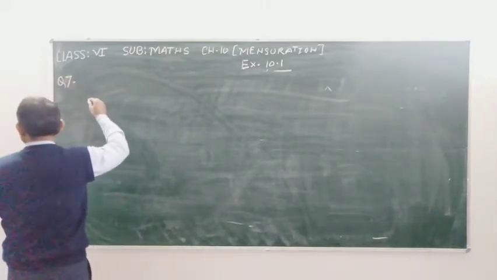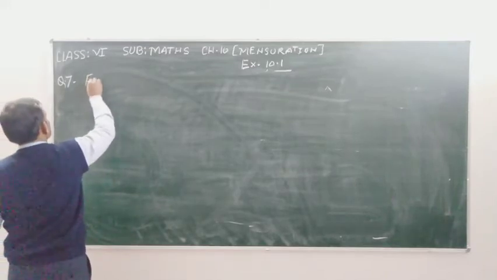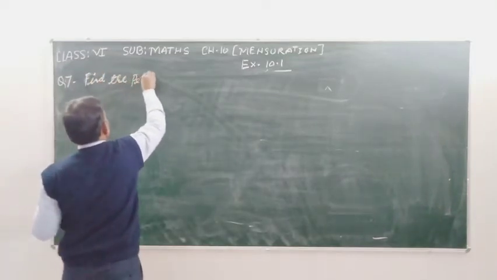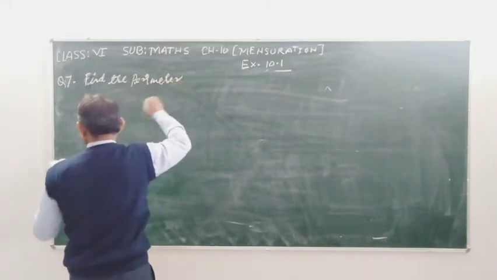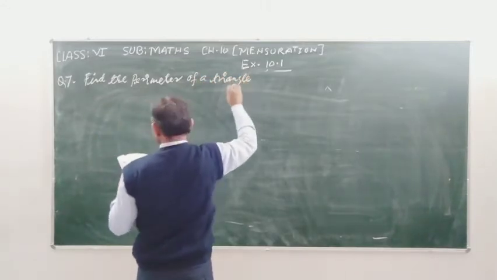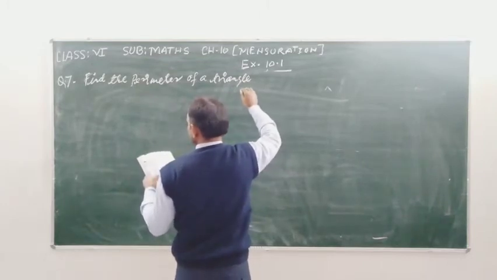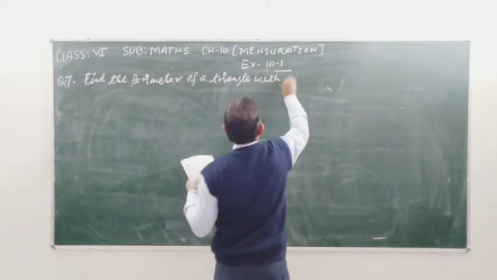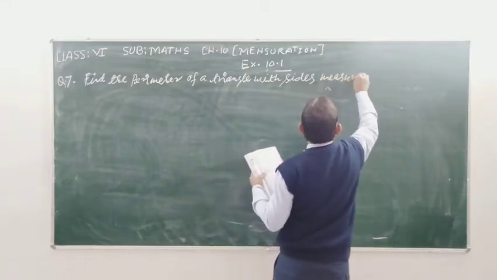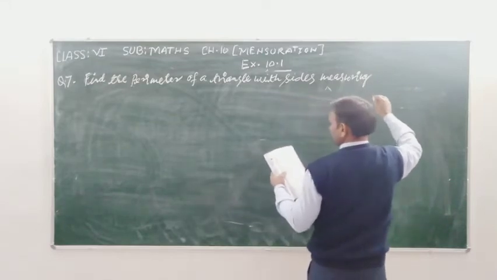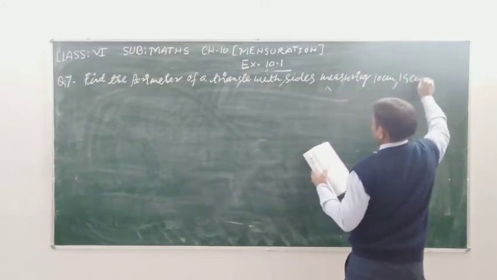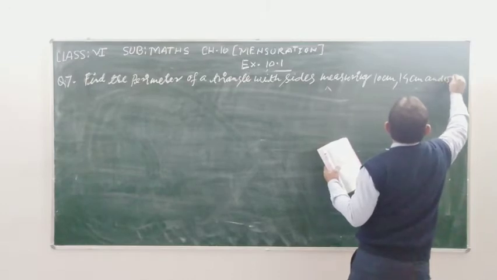Question number 7. I'm writing here: find the perimeter of a triangle with sides measuring 10 centimeter, 14 centimeter and 15 centimeter.